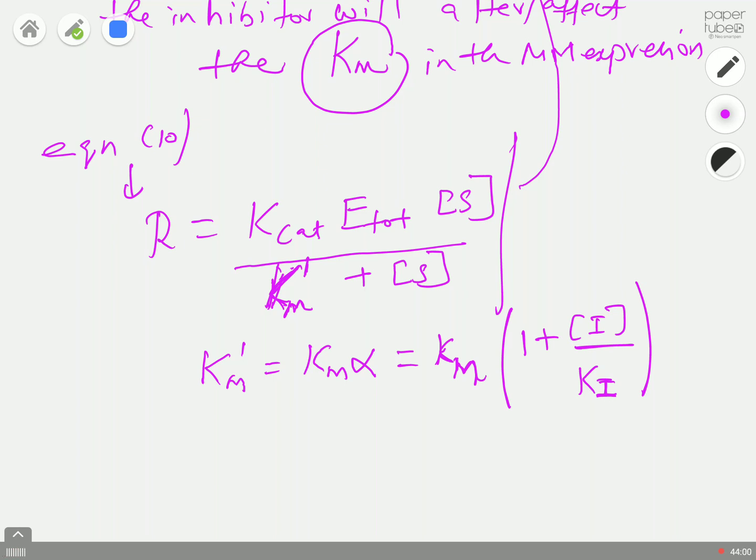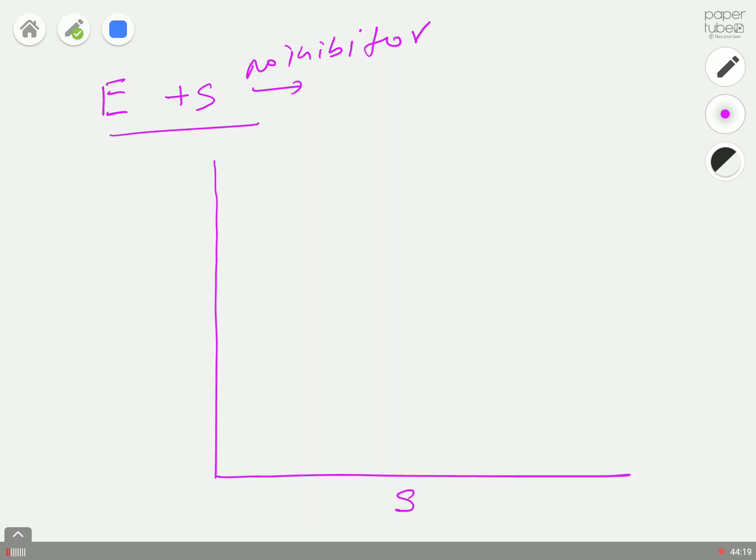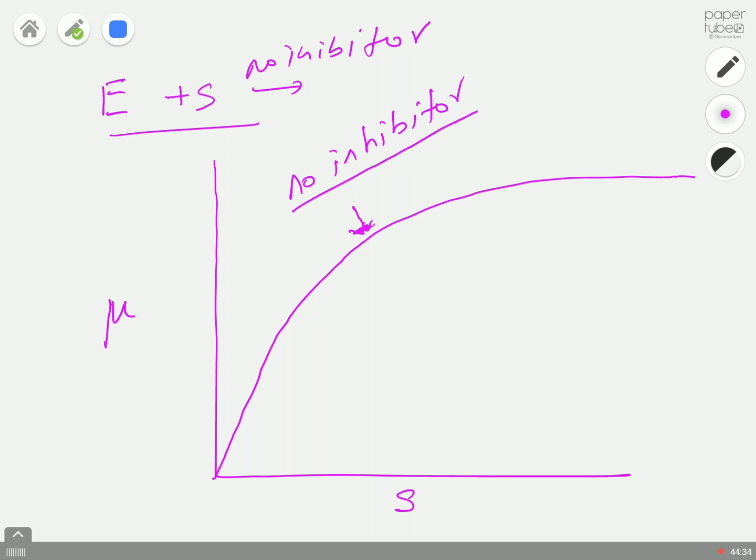So if we really do an experiment, say we have an enzyme and then we have a substrate, and let's decide we are performing this reaction in the absence of inhibitor, so no inhibitor. If for this type of reaction you plot your substrate concentration versus your initial velocity, you will get something like this. This is a pure enzymatic reaction in the absence of any inhibitor.